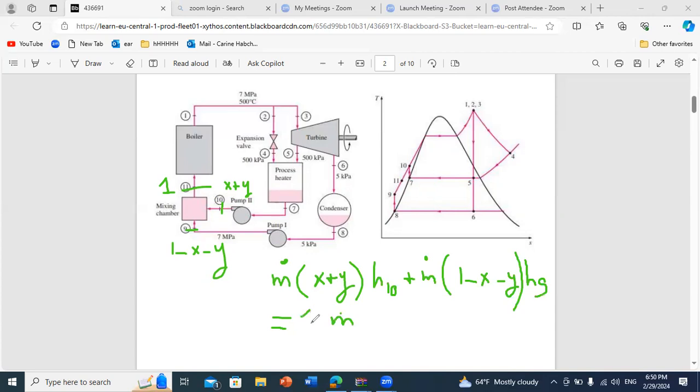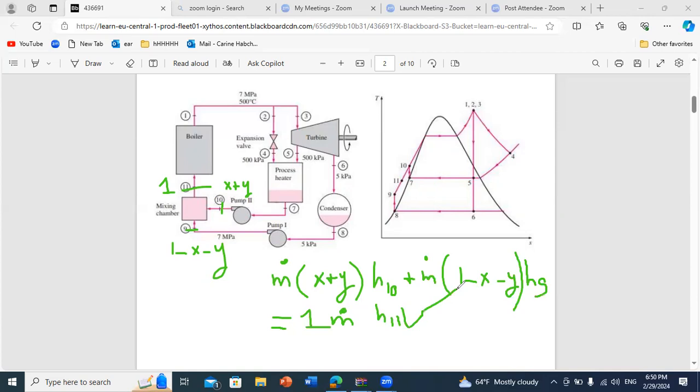The fraction is 1 because now I added these two fractions, so I get 1. So M dot times H11. And in this way, I can get the value of H11. Okay. Now I have everything.